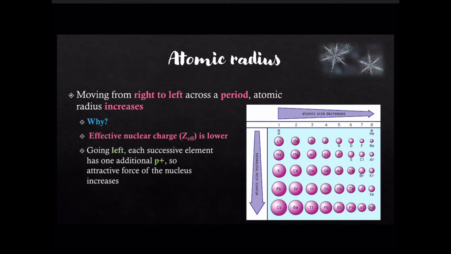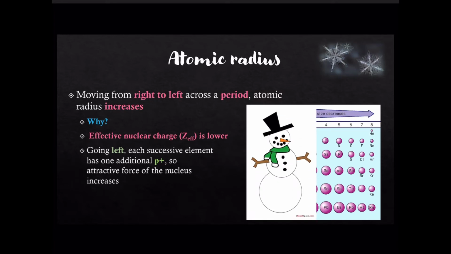You can say that this trend follows the Snowman Principle. So the Snowman Principle is not a real thing. It's just a memory trick that we can use to help solidify our understanding of atomic radius. Notice when we build a snowman, the base, the bottom, is usually the largest part of the snowman.